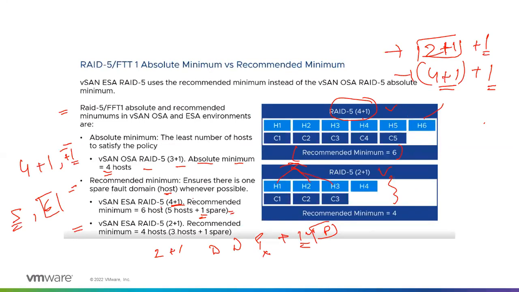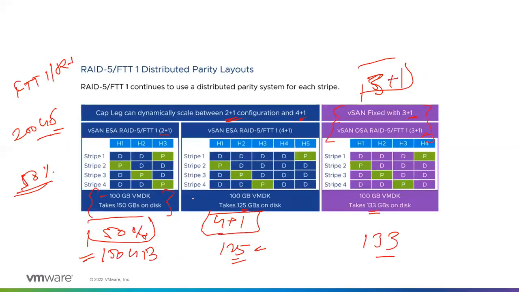All right. Again, we were discussing the data writing mechanism, even with the backend, how it happens. In the 2 plus 1 architecture, it is data, data, parity, and the parity is dynamic. But in the 4 plus 1 architecture, it is 4 data plus 1 parity for each strand. While in the OSA architecture, it was 3 plus 1: 3 data, 1 parity.